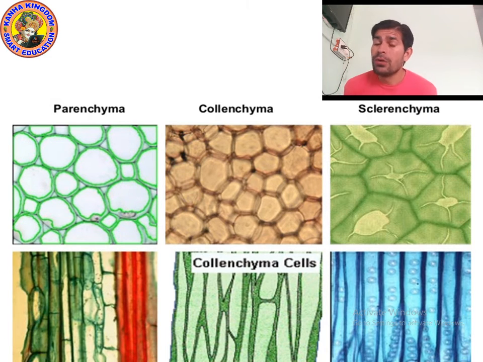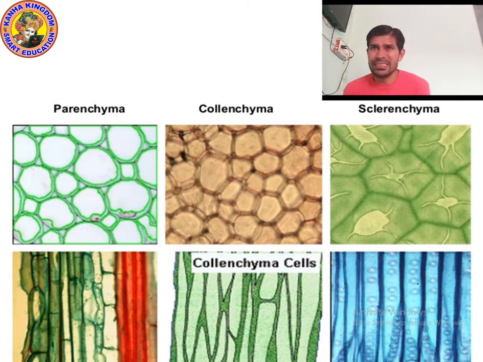The cell walls contain lignin, which acts like cement and hardens them. It gives strength and hardness to plant parts. I hope you understood.